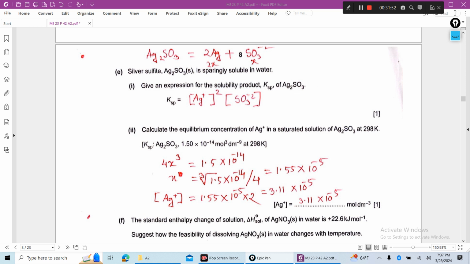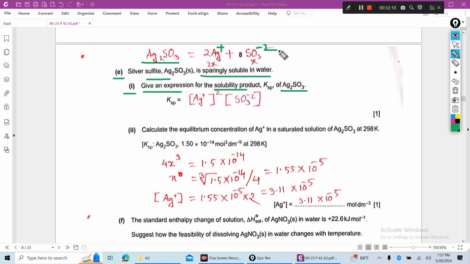E. Silver sulfide is sparingly soluble in water. Number 1, give an expression for the solubility product of silver sulfide. You know, when silver sulfide ionizes, 2 silver ions and 1 sulfide ion are formed.